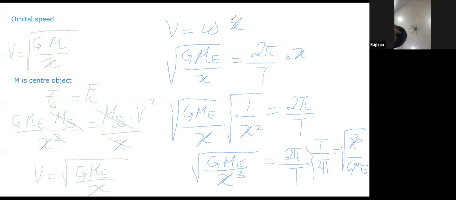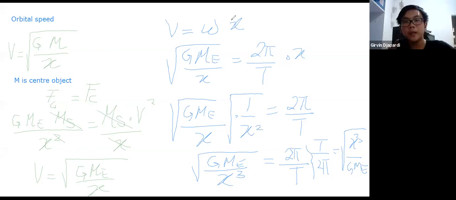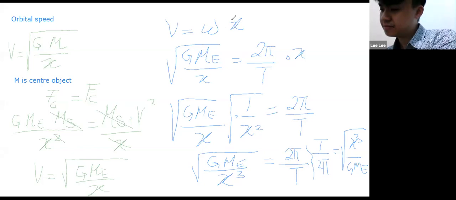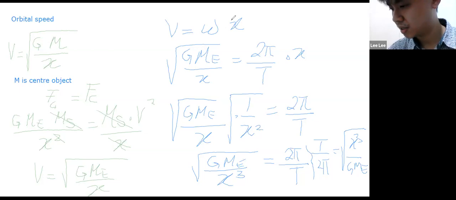Any other question again? So then V equals what times x? Omega. Yes. From where do you get V equals omega times x? Last time in the first discussion, linear speed equals angular velocity times x.